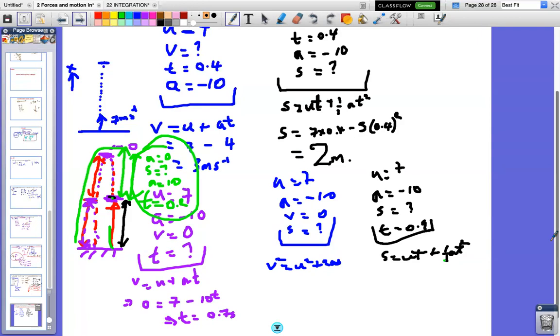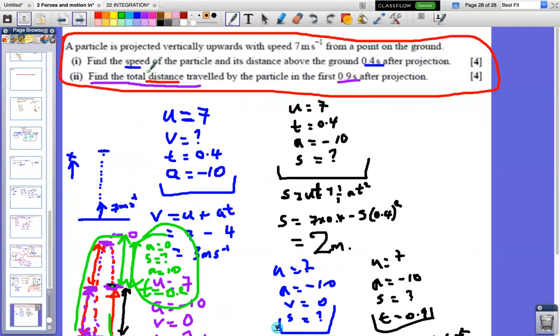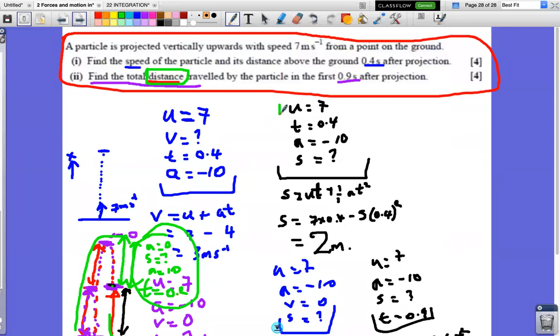Anyway, this is what I just wanted to explain on that. When you read a problem, be careful when it says distance and when it says displacement. Take note of the difference between distance and displacement. In the equations of motion, S is always displacement, never distance.